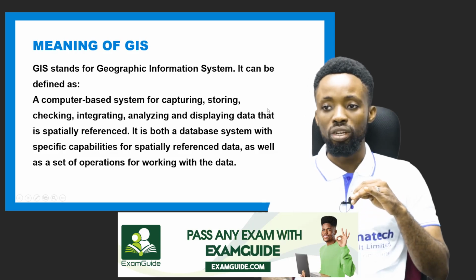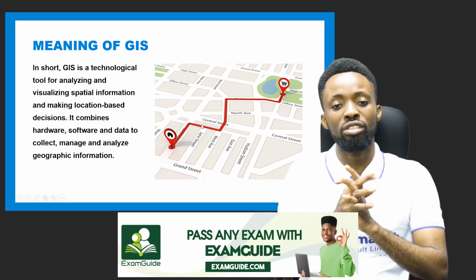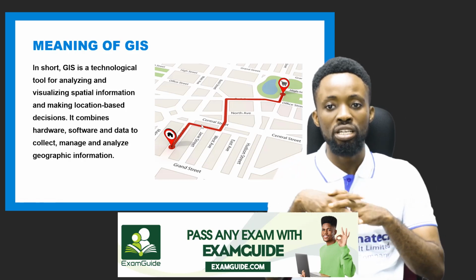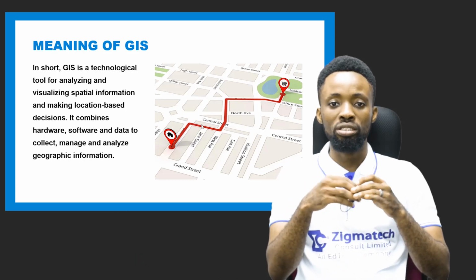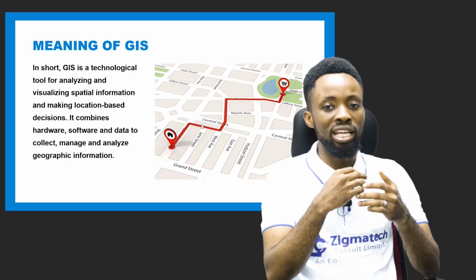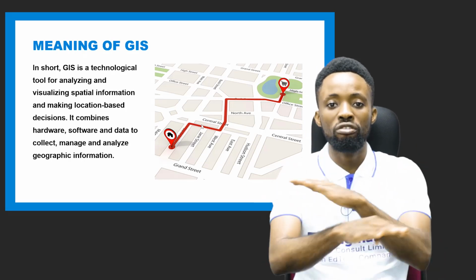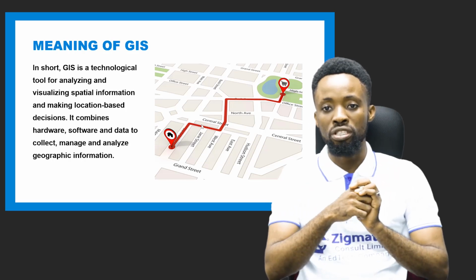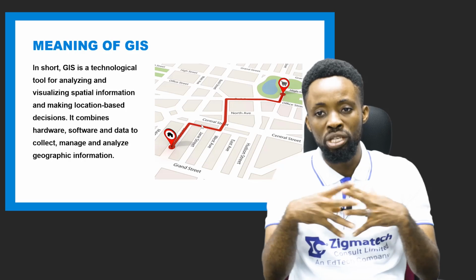Now, let's look at a further description of what GIS is. We can see GIS as a technological tool that we use to analyze and visualize information related to the Earth's surface, and also information that is location based.